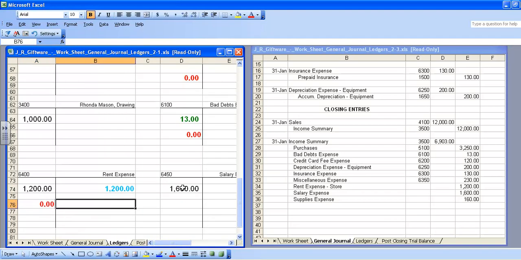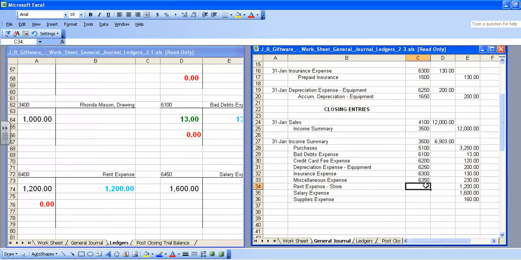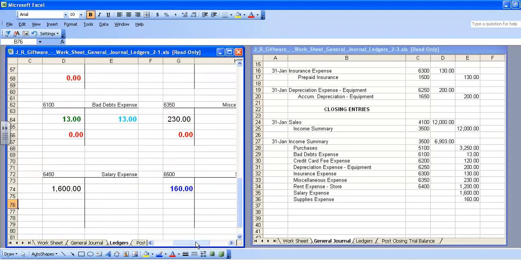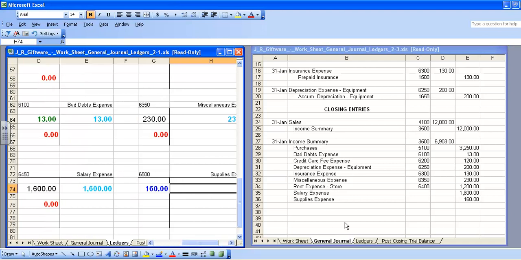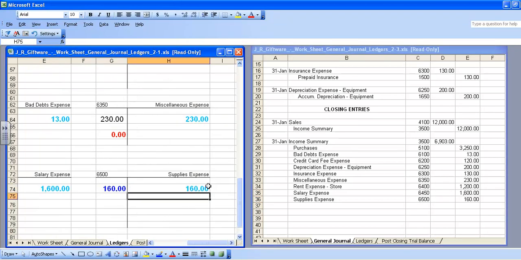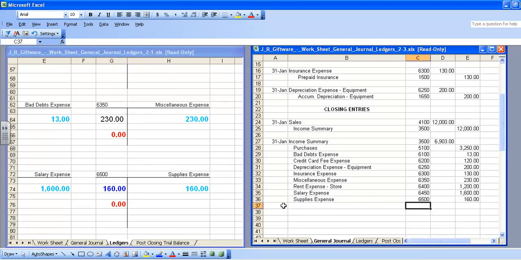Rent. Salaries expense. And our last one is supplies expense. I'm going to cheat and put the account number in first, which you really shouldn't do. Alright, hopefully that helped you out.